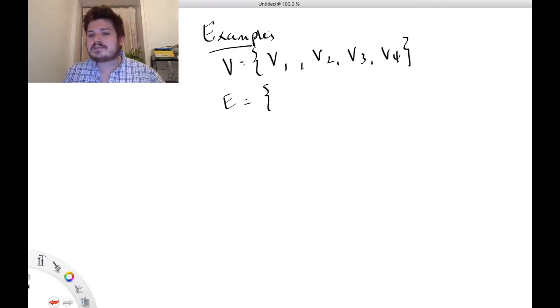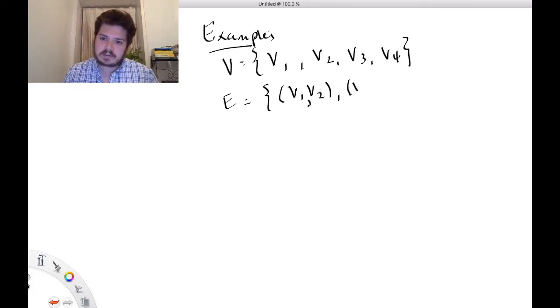So I cannot write any pairs of vertices that are not in the vertex set. All of my edges need to be of elements in the vertex set. So let's say I have the edges v1, v2, v2, v3, v1, v4, and v3, v1.